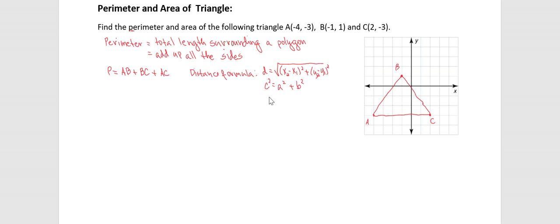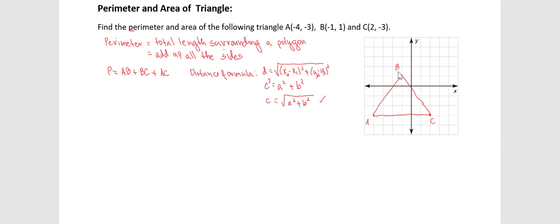From here, the length of each side of the polygon, which is c, is equal to the square root of a squared plus b squared. So we can simply use this third formula.